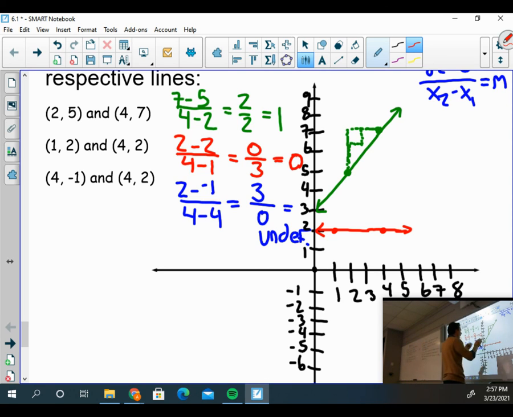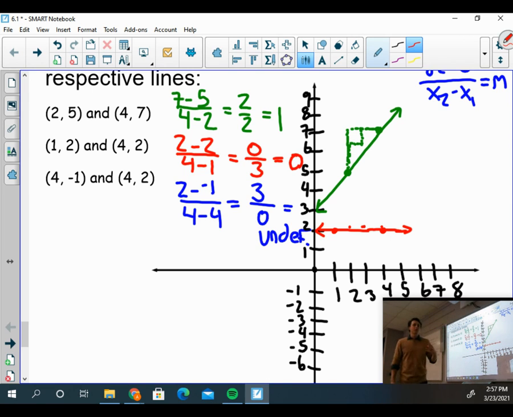But if we step back before the simplification, we had 0 over 3. And again, that would make sense. Right here, that says we go up 0 over 1, 2, 3, which indeed is what's illustrated by our graph. What's interesting about this, though, is that we notice a relationship: with a slope of 0, our graph is a horizontal line.